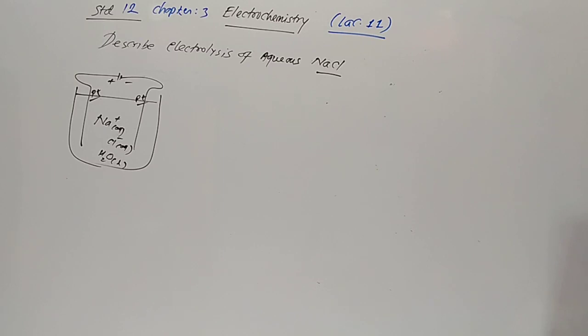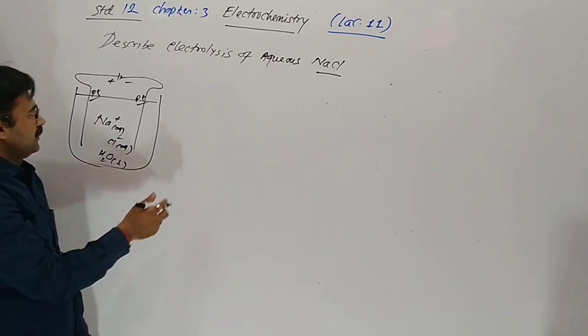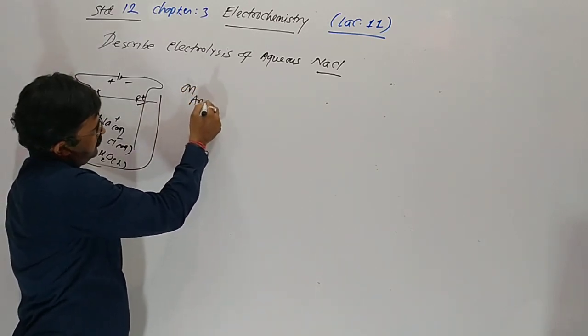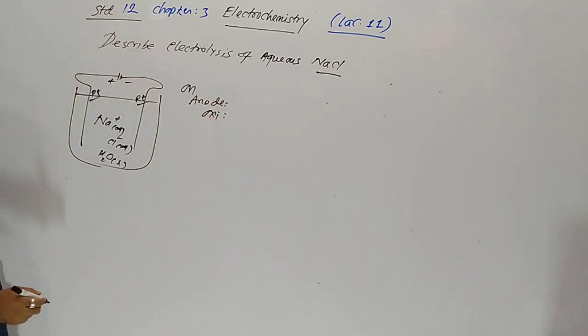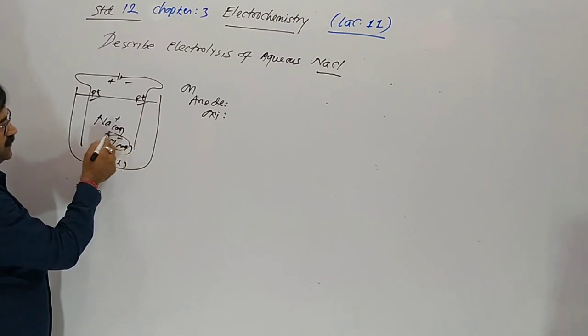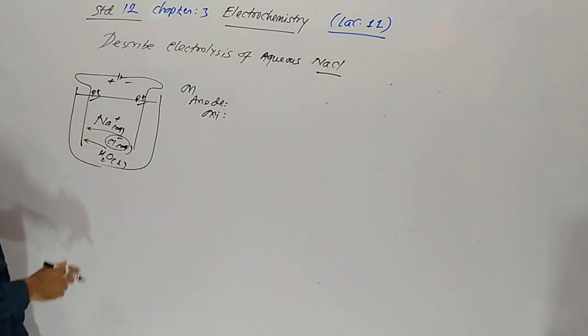Here both electrodes are inert. So here on the anode, what happens? Oxidation. But here we have 2 choices. Chloride and water both move toward the anode. Chloride ion and water, both are there.